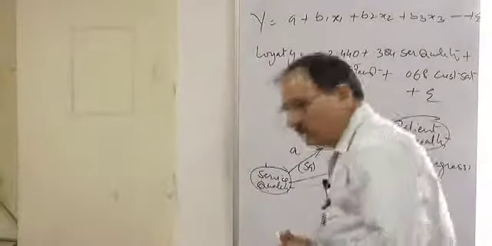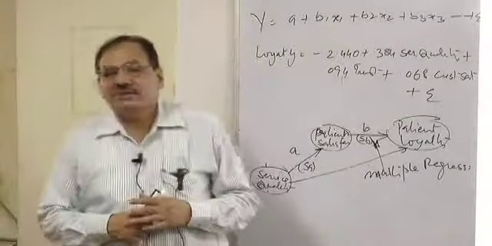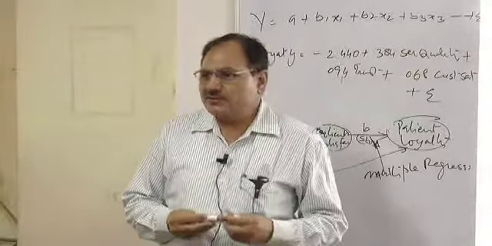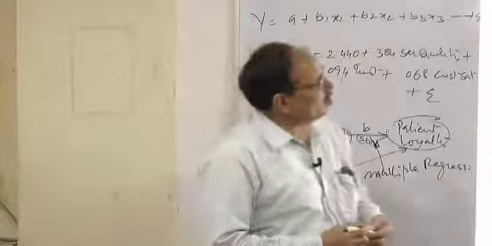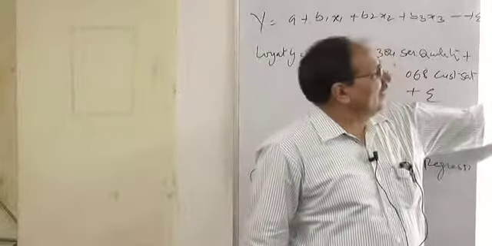These are the three: Sobel, Aroian, and Goodman. These three people developed the formula, and you will find the formulas are almost the same.